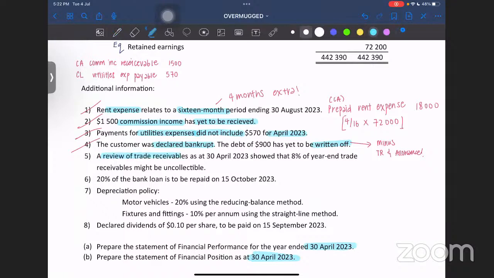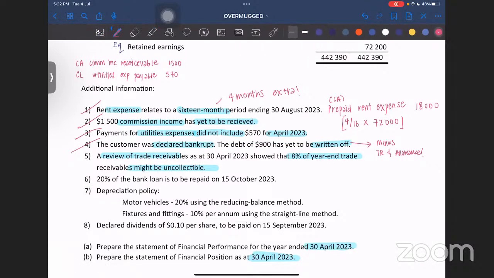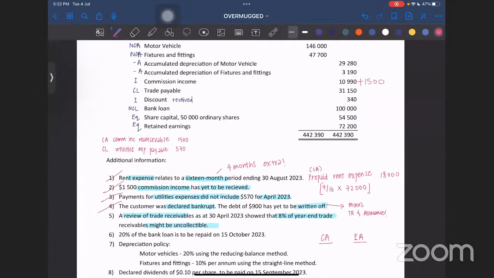Review of TR shows that 8% of year-end TR might be uncollectible. So here is the one where we will adjust allowance. So you notice the questions that they ask are all very similar, right? Okay, so let's draw the arrows here where we adjust allowance. So current allowance, how much do I have right now?